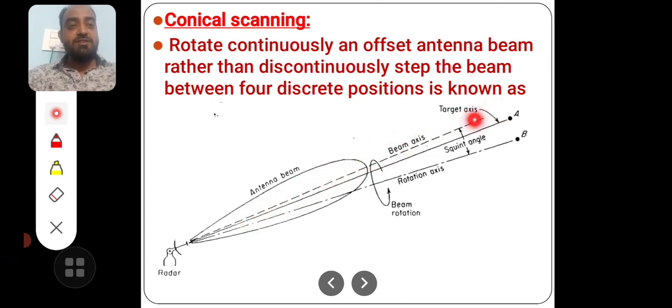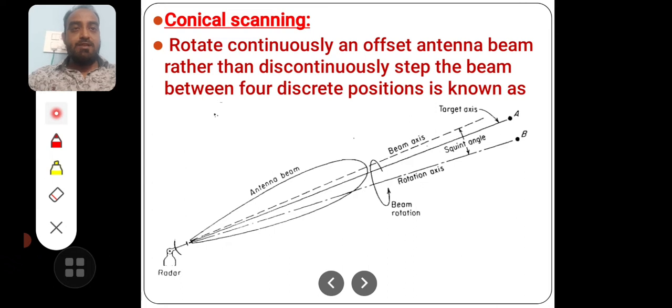Beam axis is different, rotation axis is different, and the target axis is also different. The angular difference between the beam axis and the rotation axis is called the squint angle.